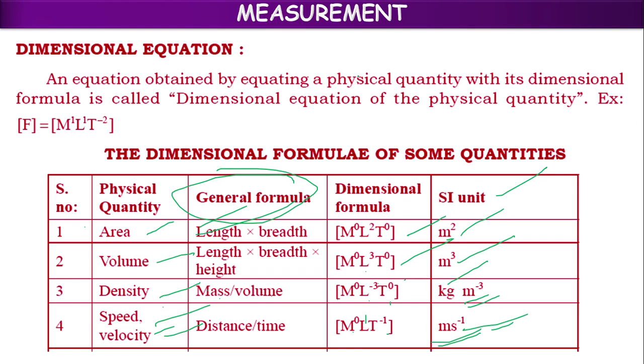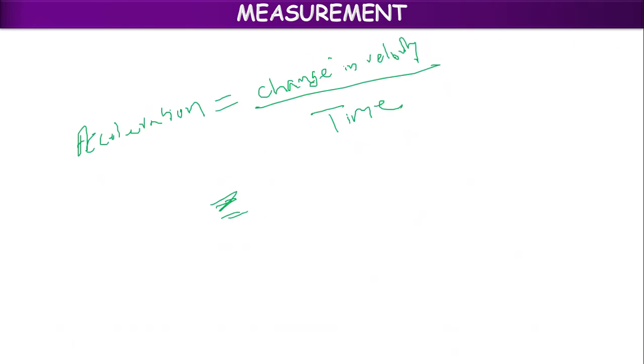Already for velocity we have the dimensional formula M0 L1 T minus 1.